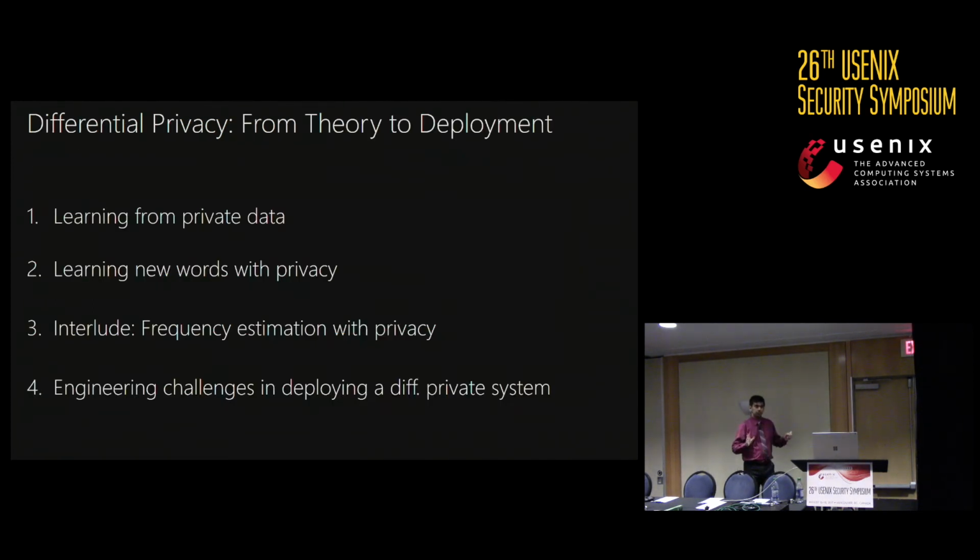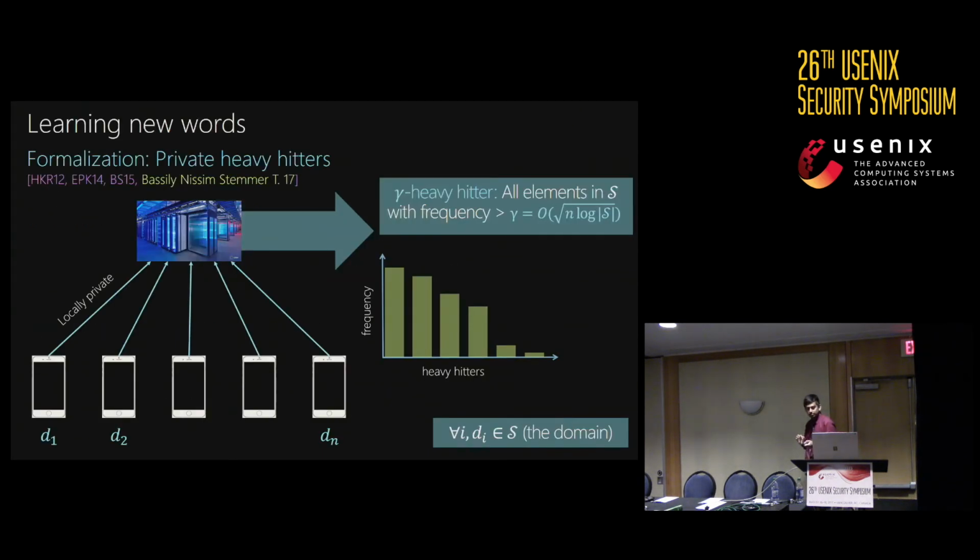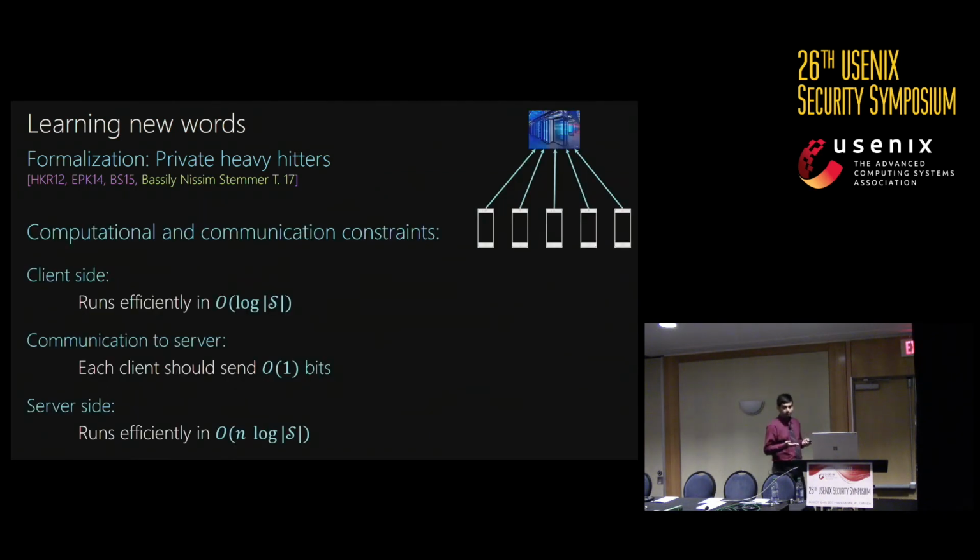Okay, so now we have designed an algorithm to estimate the frequencies. Now let's get back to the original problem of solving the heavy hitter. So remember, I want to find all terms whose frequency is at least higher than square root of n, right? And we have these constraints on the client-side computation, the server-side computation, and the communication.